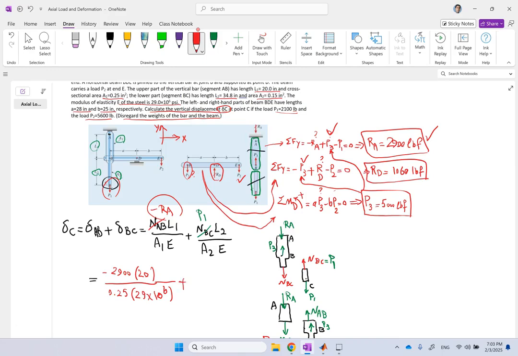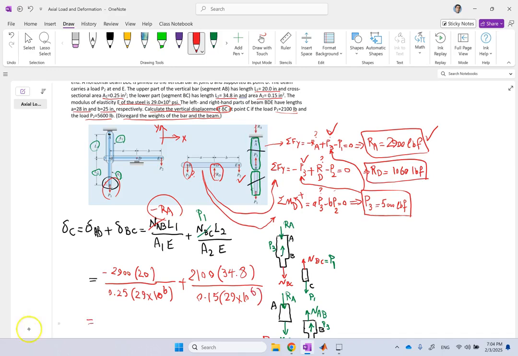And P1 is clearly 2100. And L2 is 34.8. And then A2 is 0.15. And E is the same number.